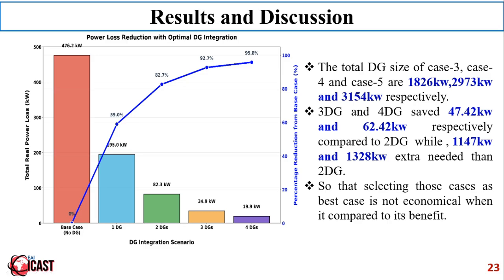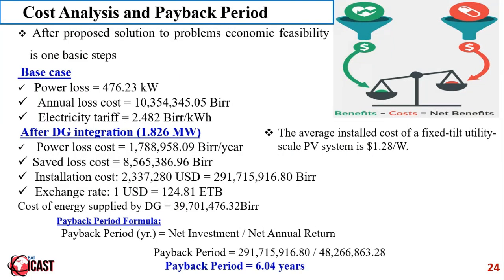That means 2 DG requires a smaller DG size, so selecting those cases, that means case 4 and case 5, as the best case is not economical when we compare the benefits. When you come to the cost analysis and payback period, after proposing a solution, economic feasibility is a basic step.